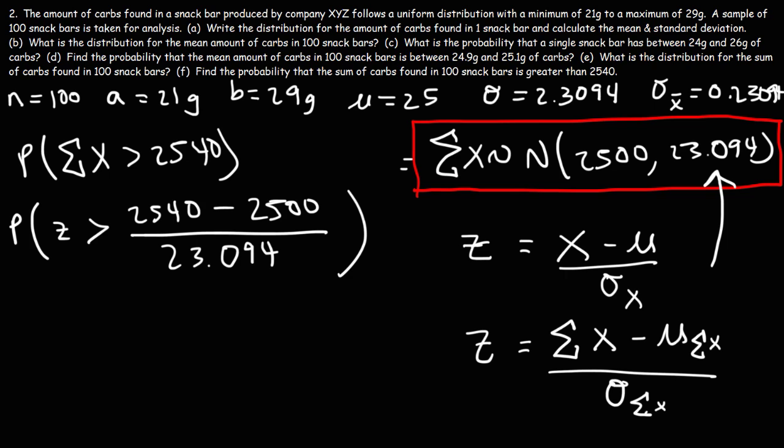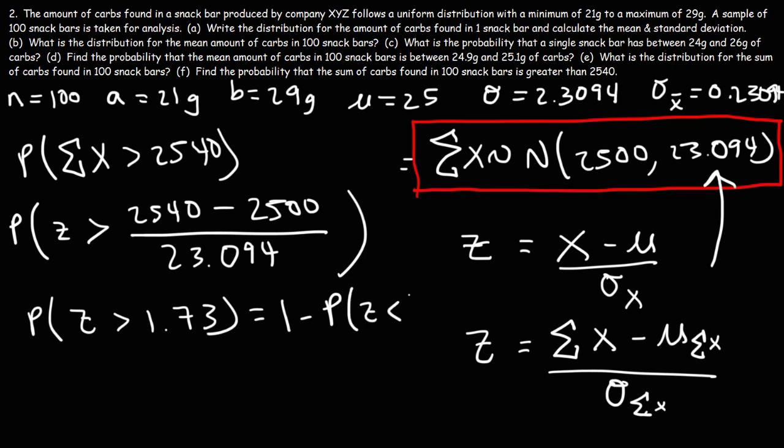So 2540 minus 2500, that's 40. 40 divided by 23.094, this is 1.73. So first we need to get the area to the right side, which is 1 minus P(Z less than 1.73). That's the area to the left side.